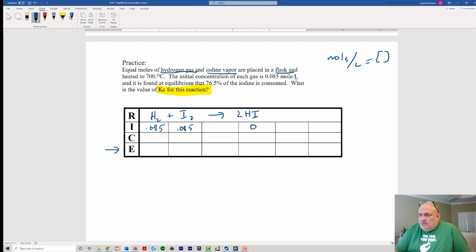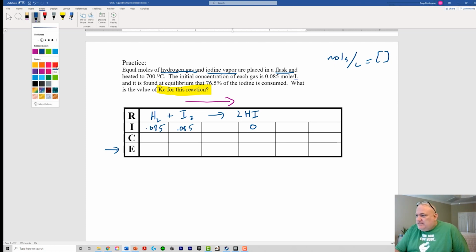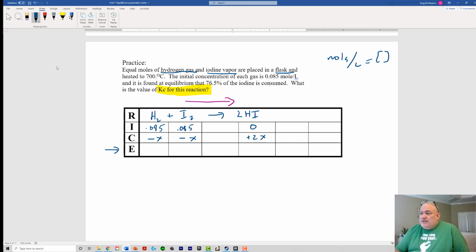Well, the only direction I can shift is this way, because I have none of the HI over there, right? So that means that I'm going to lose from this side and gain on this side. Now, if you take a look at the coefficients, wouldn't we lose X here, and gain 2X here?